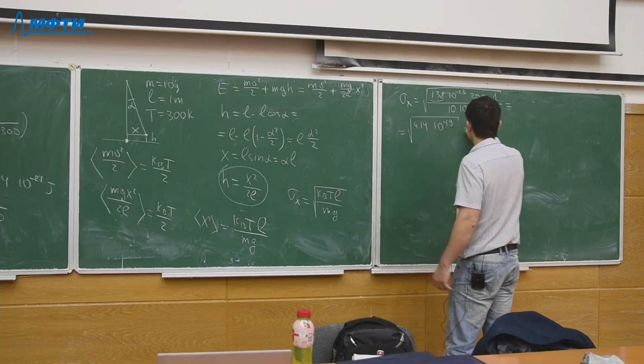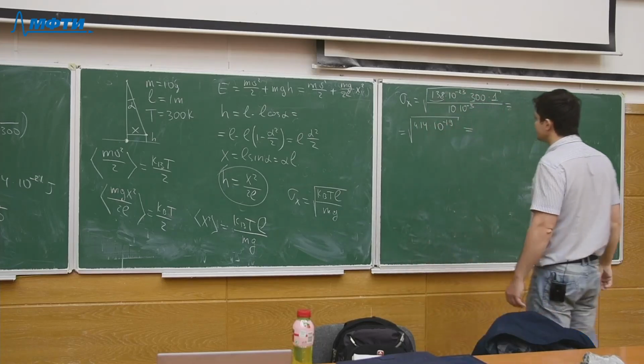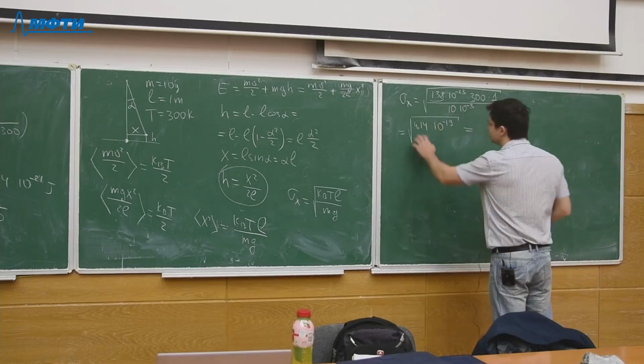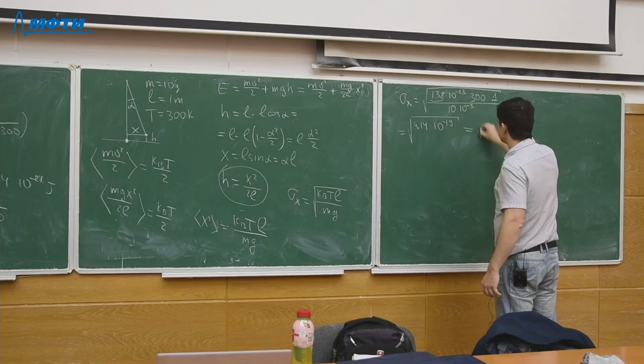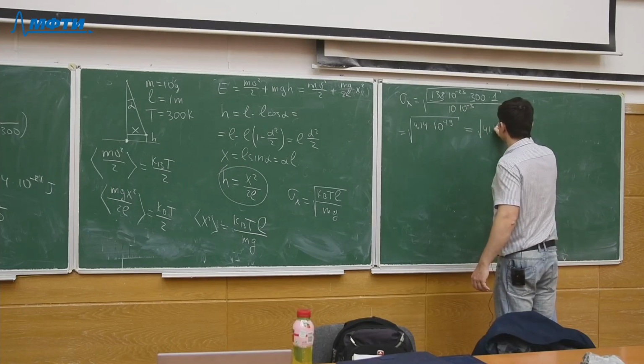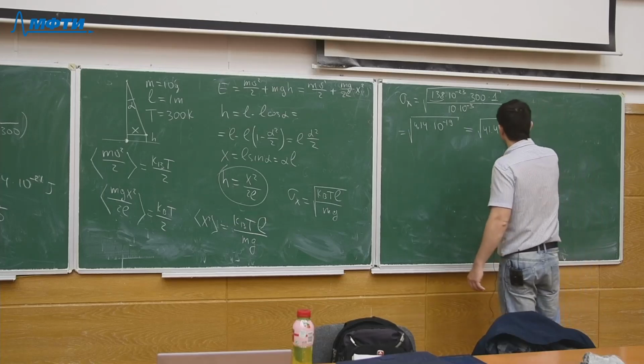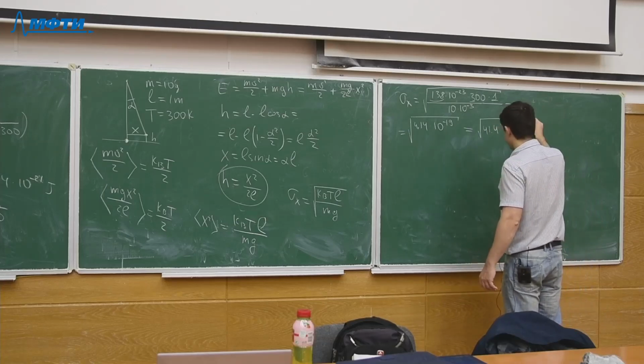altogether. So if I calculate the square root, I first need to change the position of my floating point, so it would be the square root of 41.4 multiplied by the square root of 10 to the minus 20.